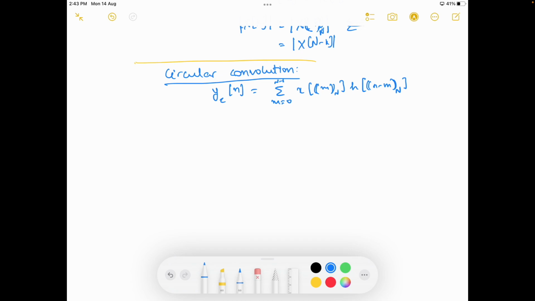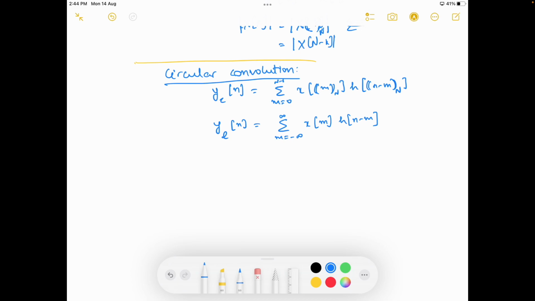Whereas my y linear n would have been this, the linear convolution, right? This was the original thing which we learned. But in the DFT, it becomes a circular convolution.